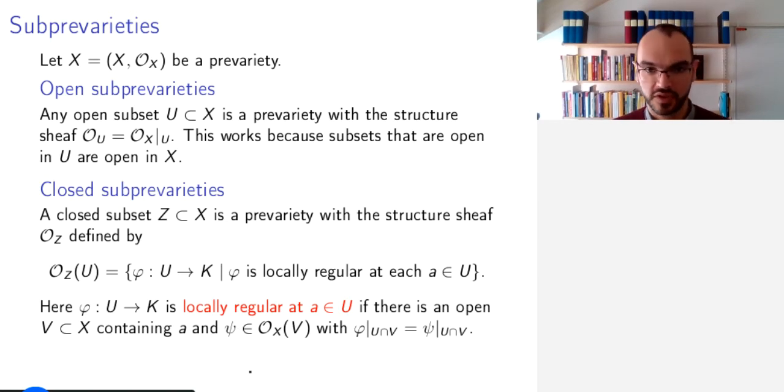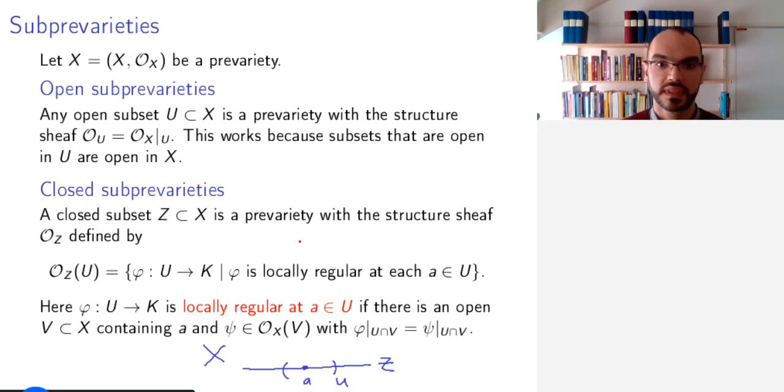So the picture is the following. If this is my Z and X is the plane, then this set U, I look at an element a in U, then I will find a set V open in X so that my function coincides with the restriction of some regular function on V to the intersection.